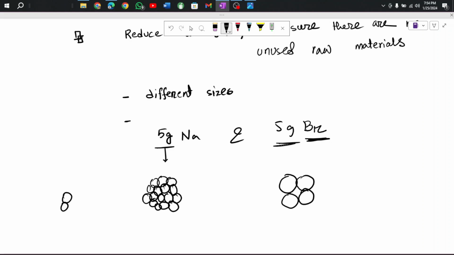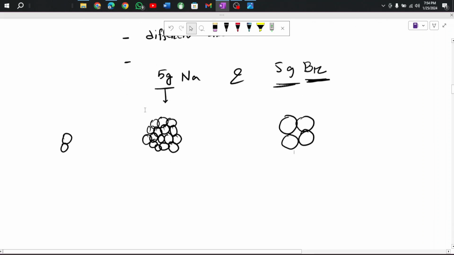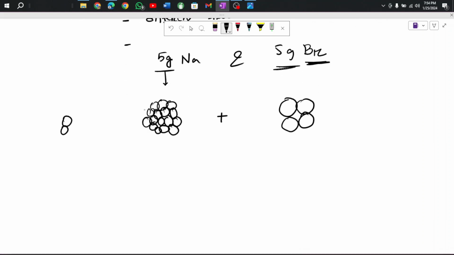right? When you combine them, তোমার উদ্দেশ্য কি? What you want to do? You want to react sodium with bromine to form sodium bromide. তুমি বানাচ্ছো, খুব ভালো কথা। এখন when they combine, they're going to do 1 by 1, মানে 1:1 রেশিওতে। একটা sodium will combine with one bromine to give you one sodium bromide, another will combine with another to give another.